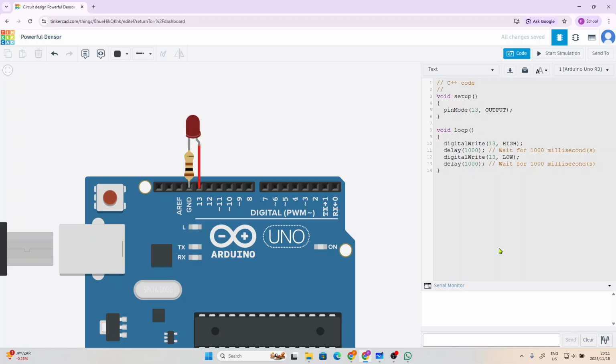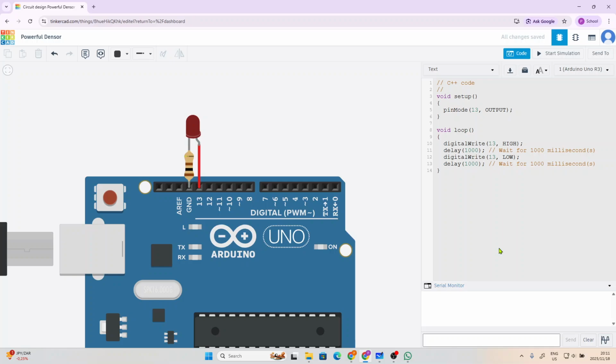So the void setup is basically what you're setting up in the code. It's what you're telling the Arduino about what's going to be controlled.